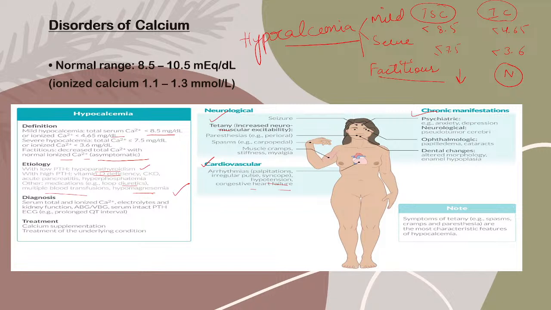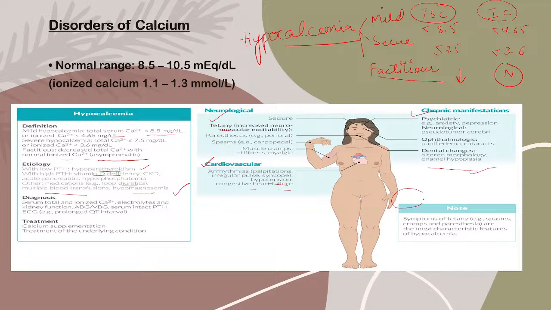The chronic manifestations include psychiatric, that is anxiety and depression. Neurological, pseudotumor cerebri. In ophthalmologic, we will see papilledema and cataract. And in dental changes, the patient will have altered morphology and sometimes enamel hypoplasia.